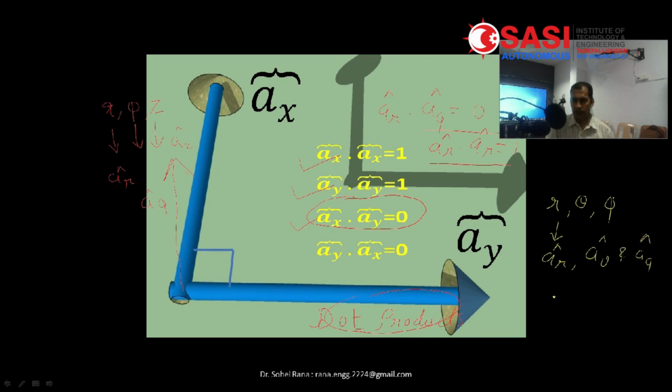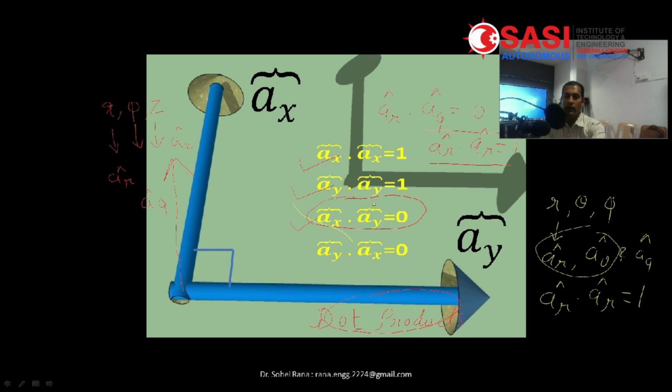If we take the dot product of similar vectors, say ar cap dot ar cap, it will be equal to 1. And if we take the dot product of any other two, that will become 0. The same rule is applicable for all three coordinate systems, either Cartesian, cylindrical or spherical.